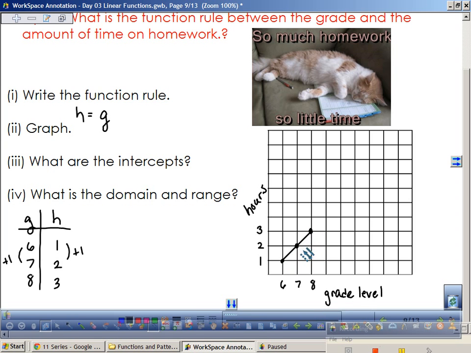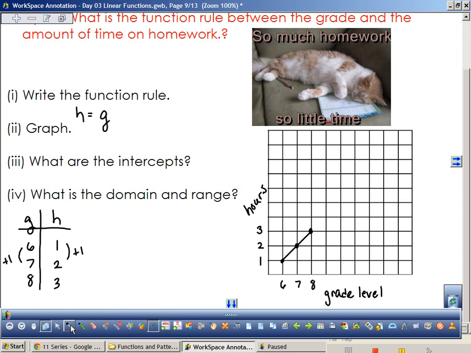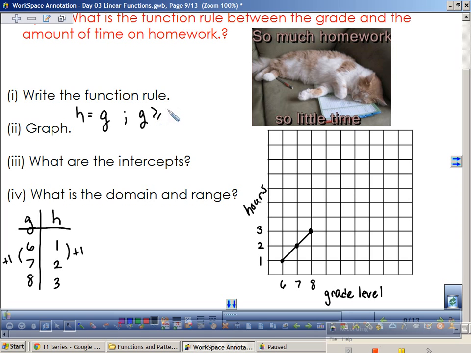If that's all the information that they gave us, it doesn't keep going. It just stops. That's all we're talking about. So it is H equals G, except G has to be greater than or equal to what? Six. Yeah. We're not talking about anything other than greater than 6.